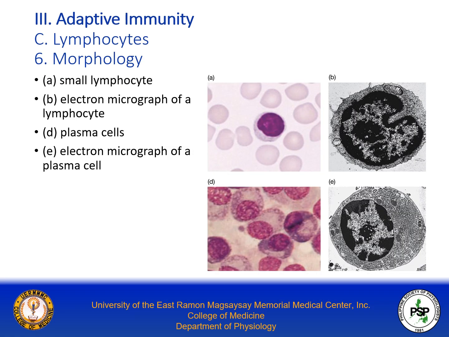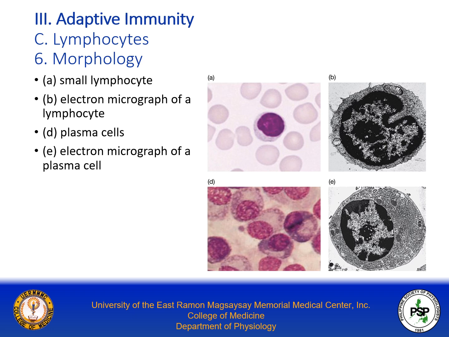These are your mature lymphocytes. Only 5% of these are found in circulation, where they constitute around 20 to 35% of all WBCs. In letter A, you have a small lymphocyte. This is a typical resting lymphocyte with a thin rim of cytoplasm. In B, you have an electron micrograph of a lymphocyte with an indented nucleus.